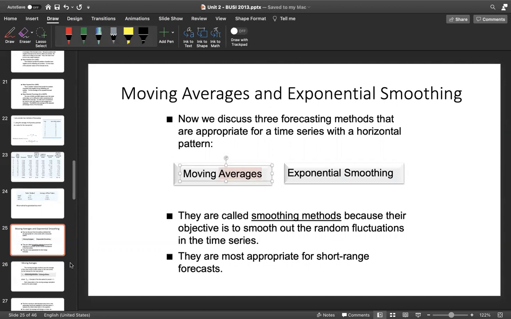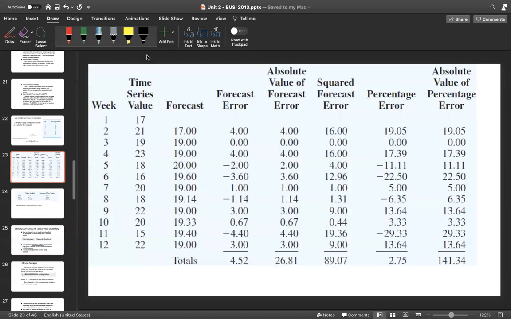And the smoothing method is the one that smooths out these changes. For example, these are actual values, right? If the forecast is somehow smoothing this, it's going to be smoothing. So for example, this average, which is the average of previous ones, is a smoothing one.